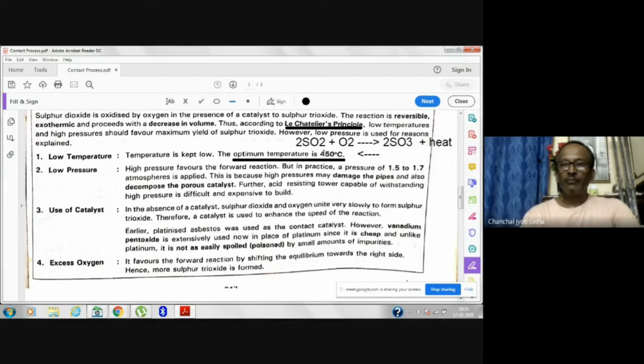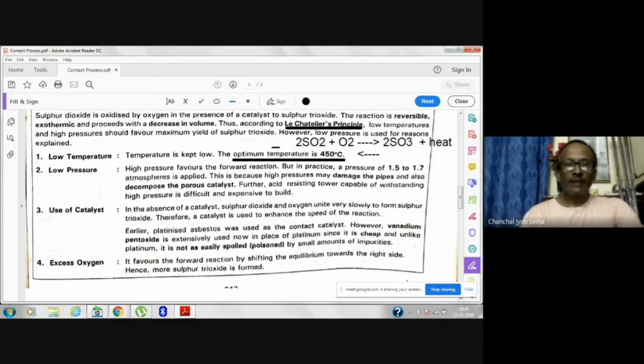That is, the reaction proceeds in the forward direction with decrease in volume from 3 volumes to 2 volumes. High pressure will favor the forward reaction because volume decreases in this direction.